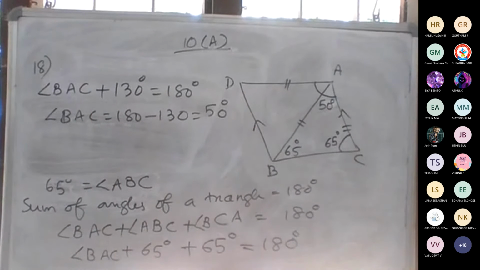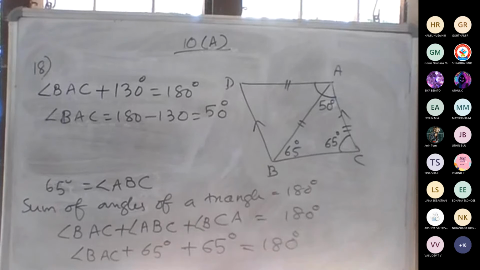Then, if you apply the concept of two lines being parallel, you will get that value directly. Which are the two parallel lines, and AB is the transversal. So one angle we got as 50 degrees. So what will be the other one?